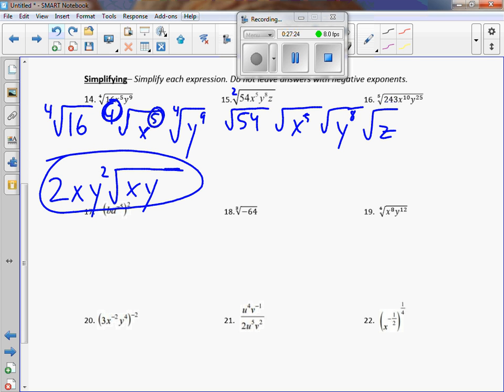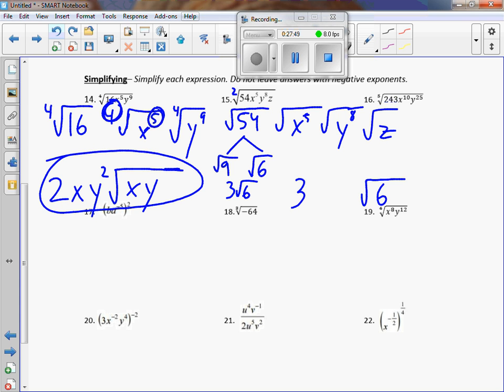But we can divide away a perfect square. So what perfect square can divide from 54? Perfect square we can divide away is 9. Now, what times 9 is 54? Is 6. What's a square root of 9? 3 rad 6. So we're left with 3 rad 6.